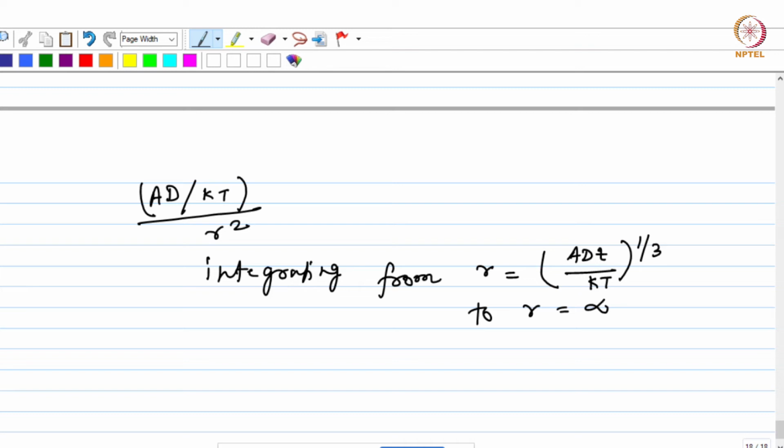That means in this time period t plus delta t. So in this small time increment, the total solute accumulation can be obtained by integrating this from R equal to this to infinity, and that will give you this.